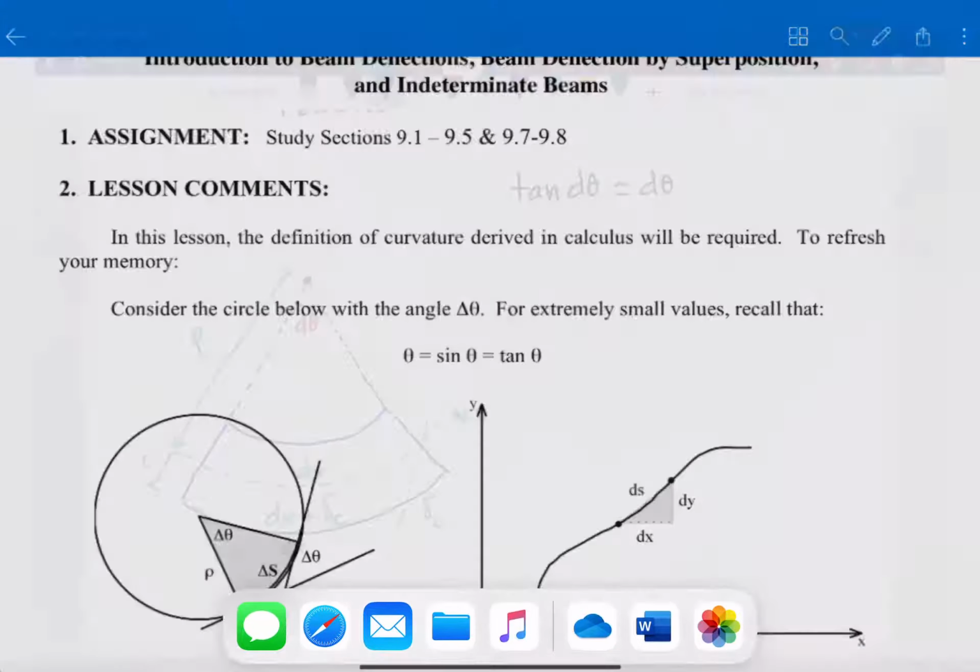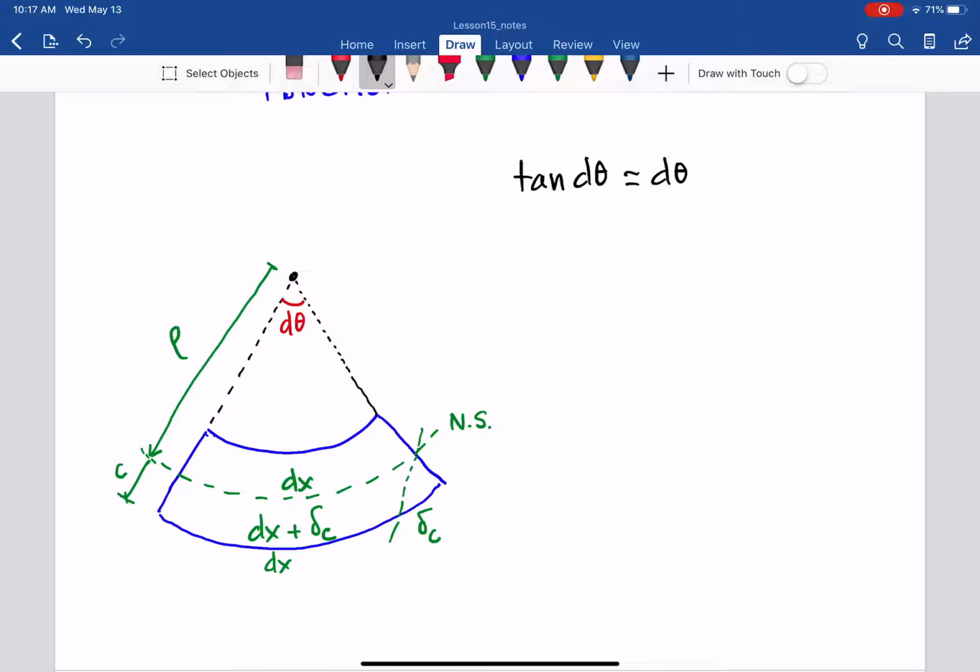And the angle d theta is equal to the arc over the radius, so it equals dx over rho. It also equals, for the outermost fiber, dx plus delta C over rho plus C.